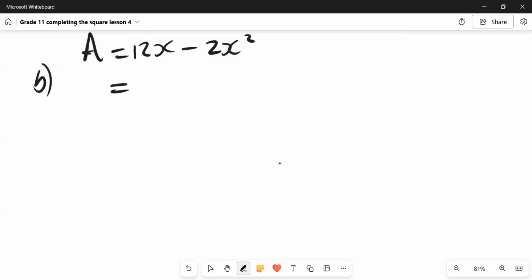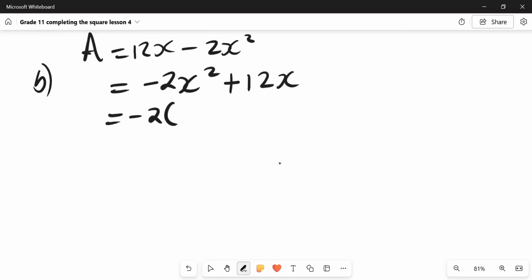Now let's write this in standard form. We start with minus 2X squared plus 12X. And then take out the common factor, minus 2, you're left with X squared minus 6X. And then now we have to introduce half.